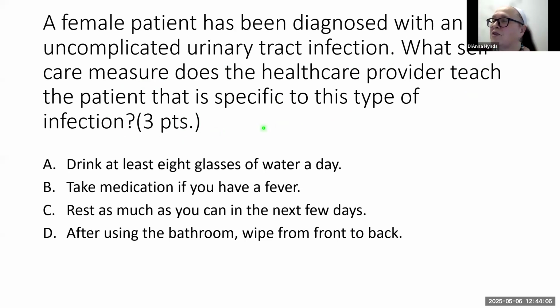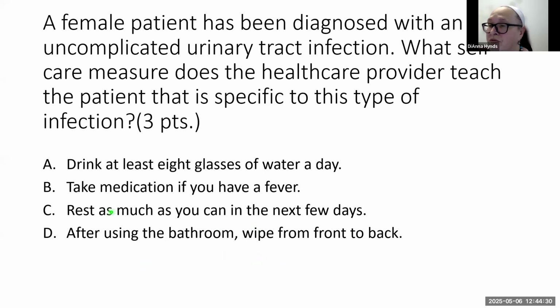Should the healthcare provider tell the patient to drink at least 8 glasses of water a day? Should it tell the patient to take medication if they have a fever? Should they tell the patient to rest as much as you can in the next few days? Or should they tell them after using the bathroom, after voiding, you should wipe from front to back?